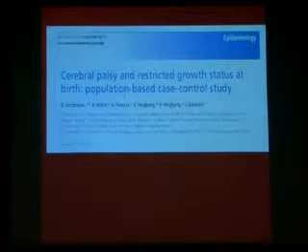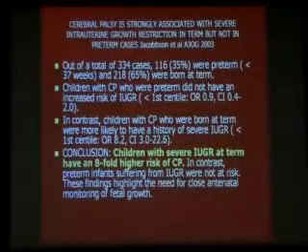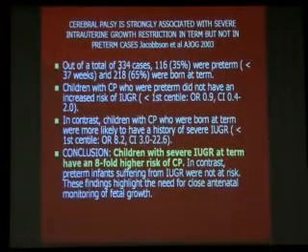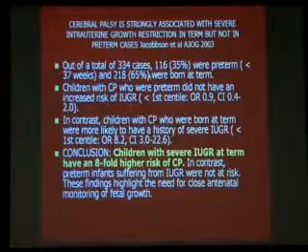Babies with IGR have an increased risk of cerebral palsy. This is a paper published last year in the Journal of Epidemiology, where they looked at cerebral palsy and restricted growth status at birth. They wanted to understand why babies are more likely to have cerebral palsy. They had 334 cases, 1/3 were preterm, 2/3 were term.